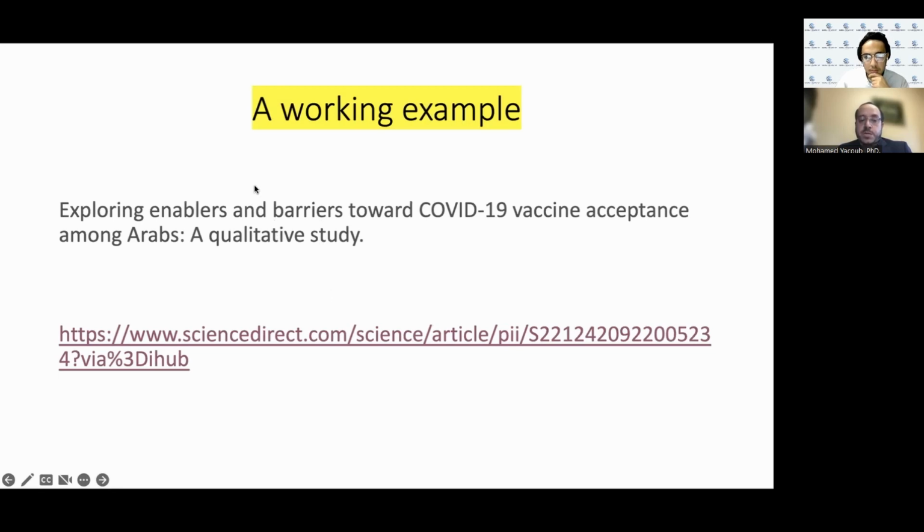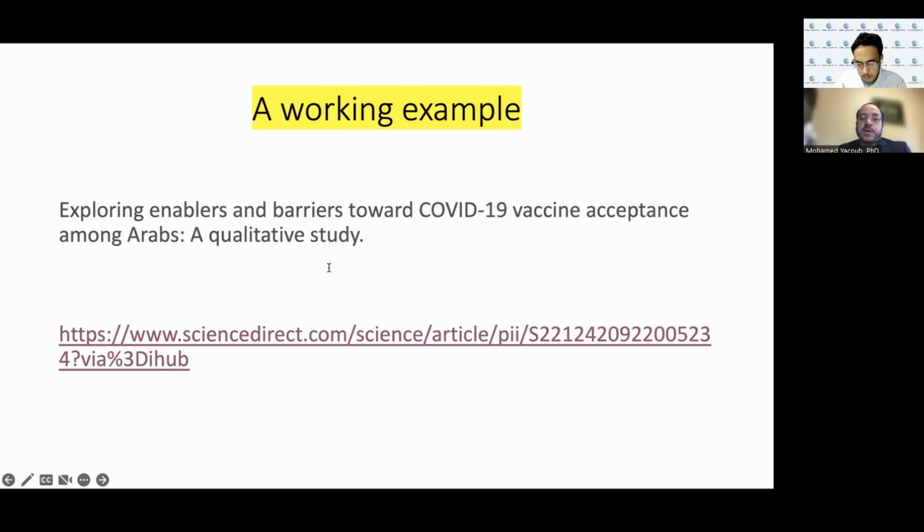So we started with trust, and this is how we refer to the participants. Jordan 8 means a participant from Jordan, and we give him or her number 8. And you cannot use real names. You have to use confidentiality in qualitative research.